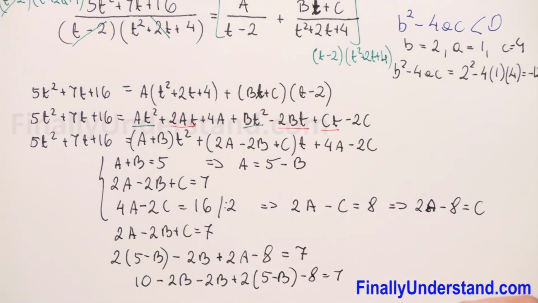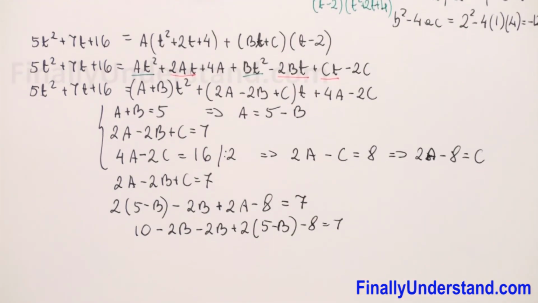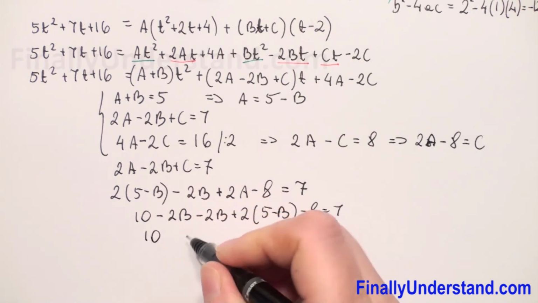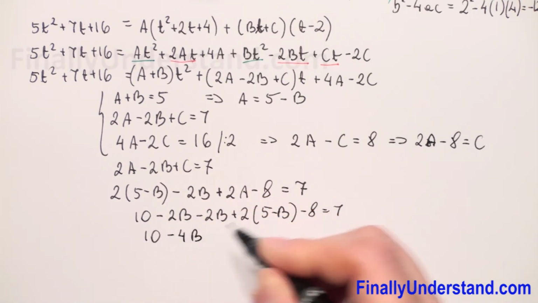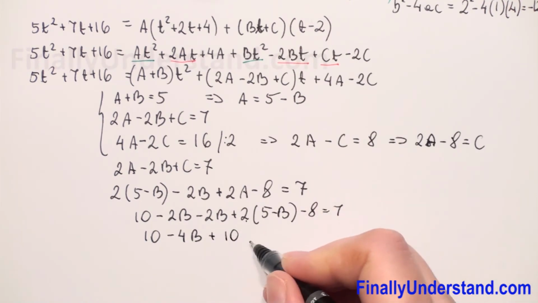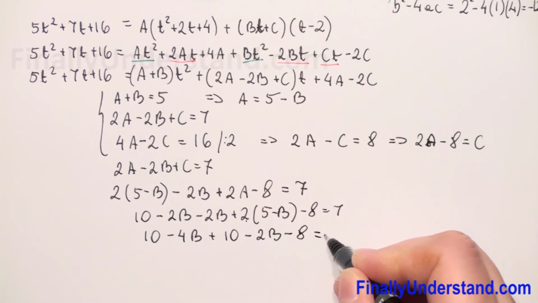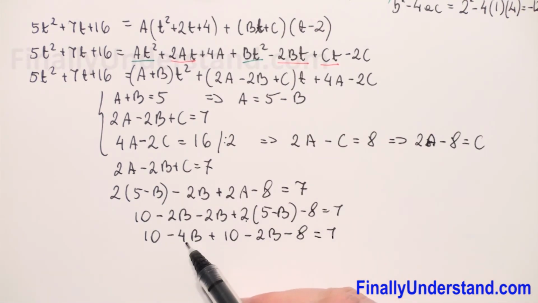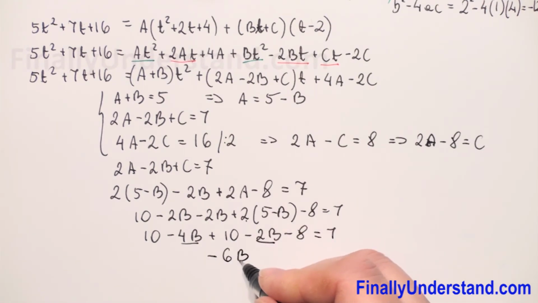We have equation with one unknown. First we have to do multiplication and we can combine the like terms. So we have 10, negative 2b, negative 2b, so it will be negative 4b. And we have 2 times 5 is 10, 2 times negative b is negative 2b, minus 8, this is equal 7. Negative 4b and negative 2b, so this is negative 6b.